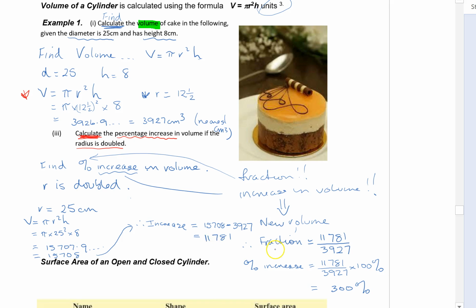I made my fraction out of that, 11, the increase over what it was originally. The increase is much bigger than what it was initially. Multiplied that by 100 and got a 300% increase. Hopefully you've got that answer as well.